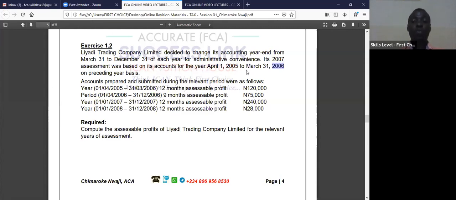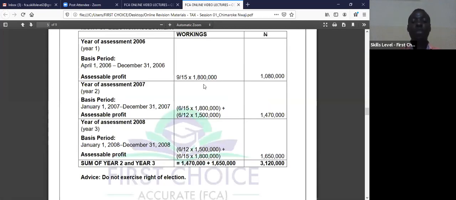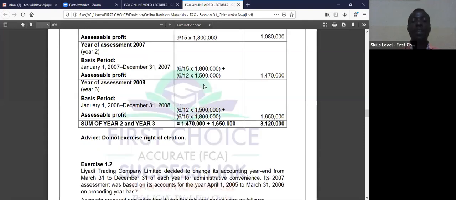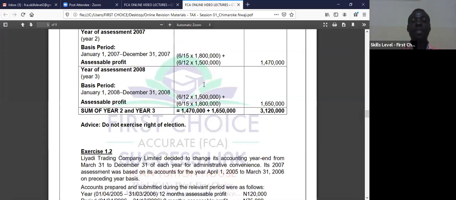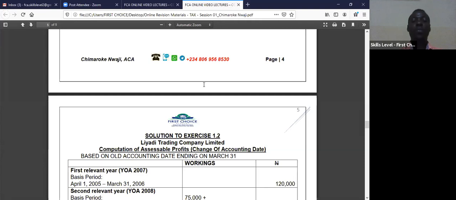Okay, so now look at what you are going to do. First, they said compute the assessable profit of this company for the relevant years of assessment. Now, the relevant years of assessment are 3 years.